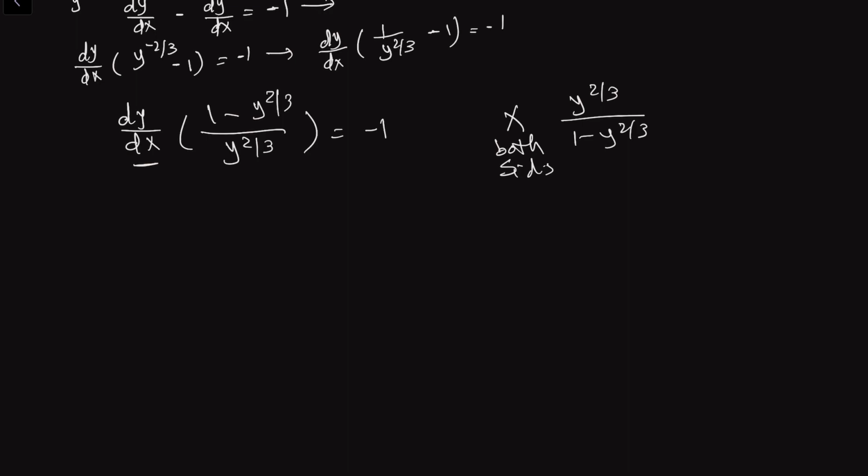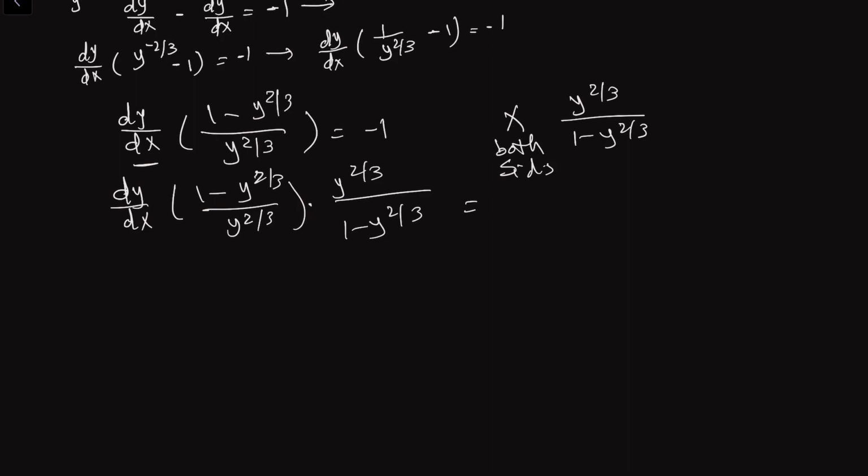So when we multiply dy over dx, the factor (1 minus y to the 2 over 3) over y to the 2 over 3 times y to the 2 over 3 over 1 minus y to the 2 over 3 equals negative 1 times y to the 2 over 3 over 1 minus y to the 2 over 3. Okay, so basically they will cancel out.